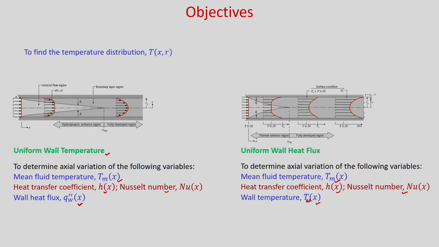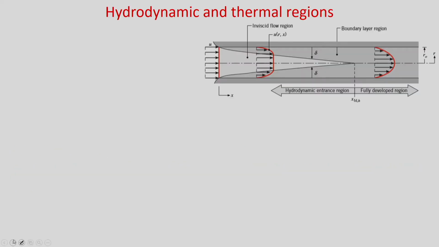As I told, for uniform wall heat flux condition, your wall temperature will vary along the axial direction. So, now let us discuss more about the entrance region and fully developed region.